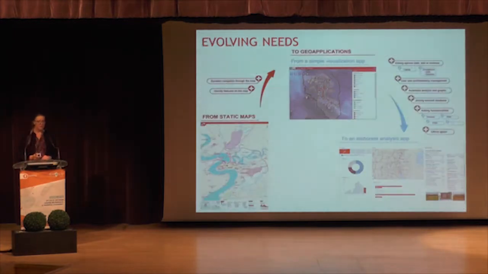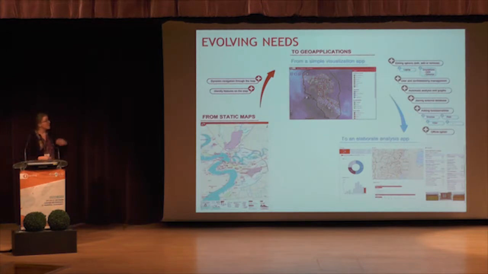In 6 years, we saw a big evolution in the needs coming from the field. We started with static maps, answering a need of where I am, how can I go, where are the sectors that are maybe dangerous in a region where a mission is deployed.